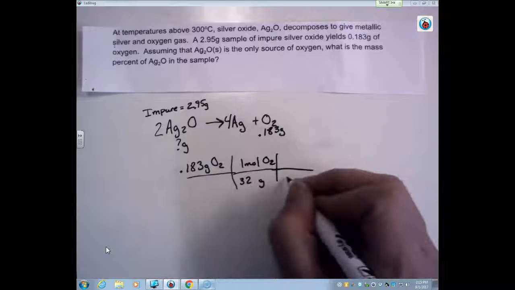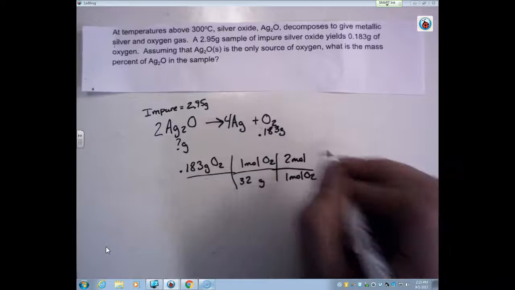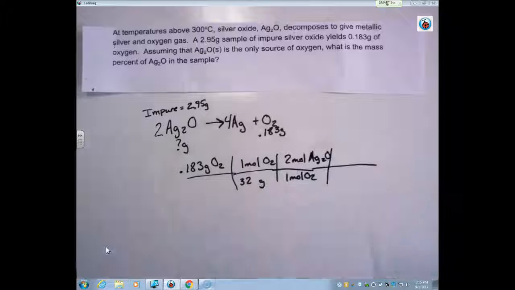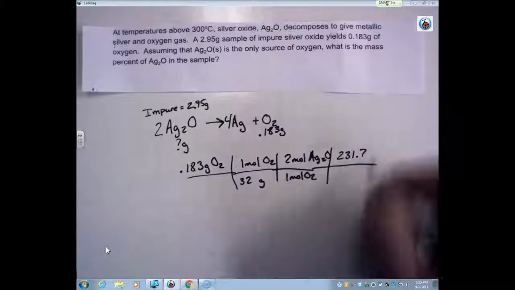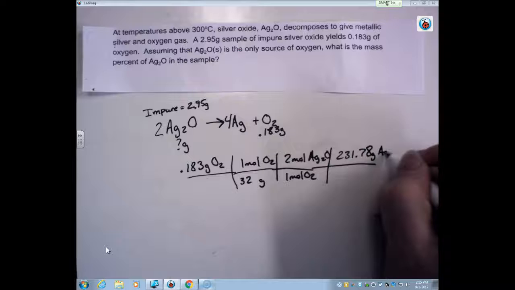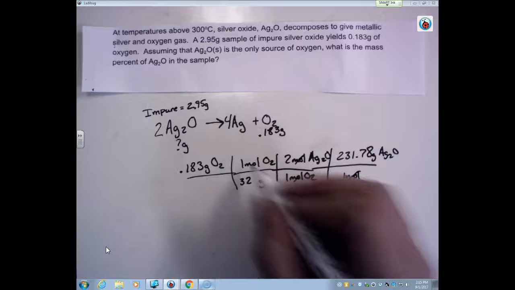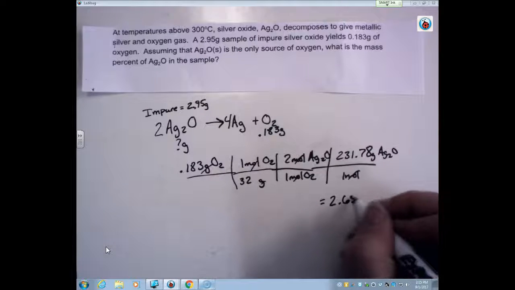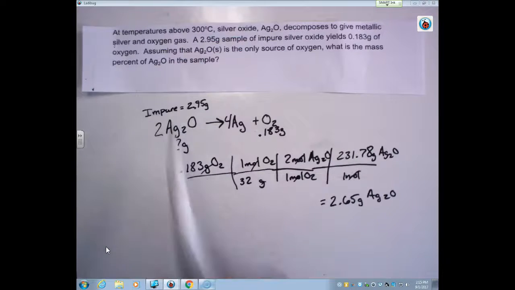Now we can use mole ratio, and it's going to be 1 mole of oxygen to 2 moles of silver oxide. And then we're going to take this out to grams, and this is going to be 231.78 grams of silver oxide in 1 mole of silver oxide. So when we calculate all of that, we get 2.65 grams of silver oxide. That's how much silver oxide is in this impure sample.